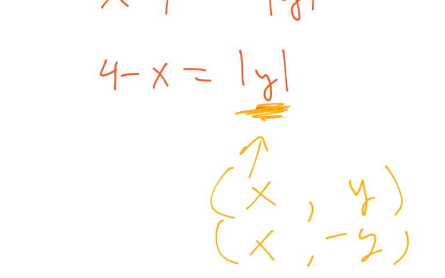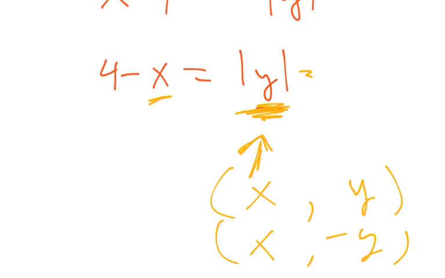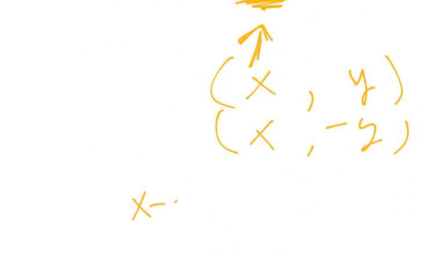Because whatever I plug into the absolute value of y, it's going to compute the same value, whatever the value is. So that means the x's are going to match. So what does it mean when, if you change the y's, the x's stay the same? Symmetrical with the x-axis. So B is going to be symmetrical with the x-axis.